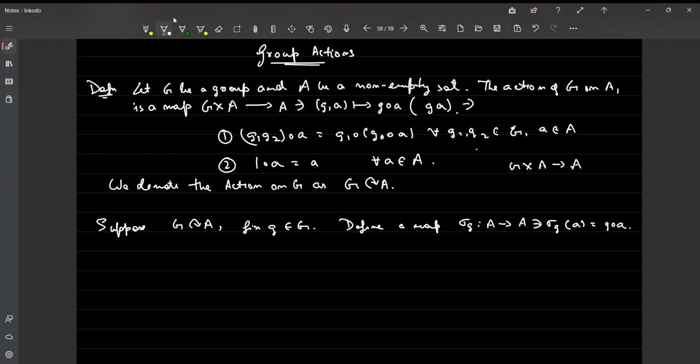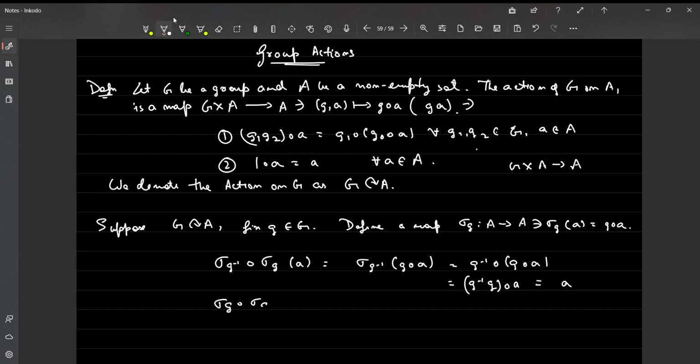The reason being, what is sigma g inverse of sigma g on a? This is sigma g inverse of g on a, so this is g inverse on g on a, but this can be written as (g inverse g) on a by the properties of group action. So this is nothing but a, right?